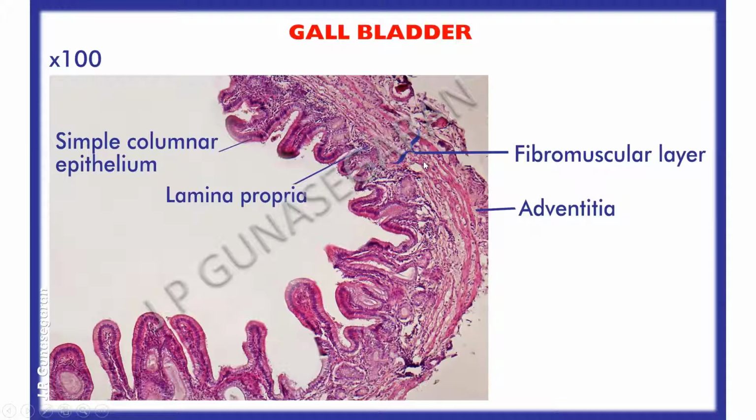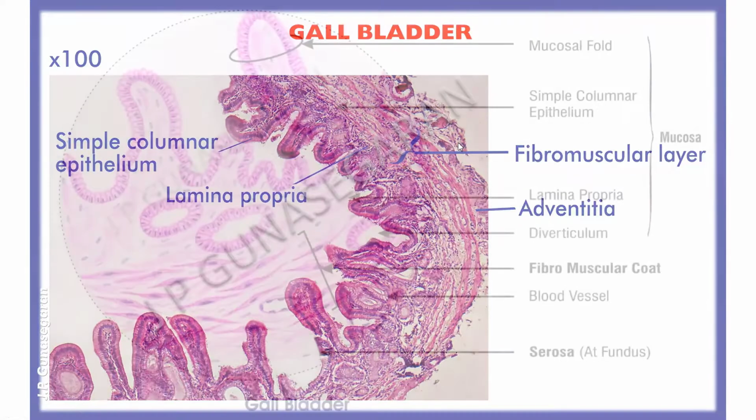Fibromuscular layer is composed of circularly arranged smooth muscle fibers intermixed with connective tissue. The last layer is adventitia, composed of fibroelastic connective tissue carrying blood vessels and nerves. If there is a mesothelial covering as in the fundus of the gallbladder, then this layer will be called serosa.